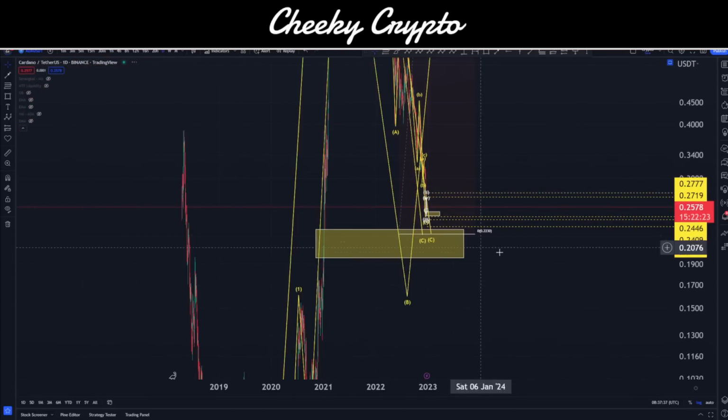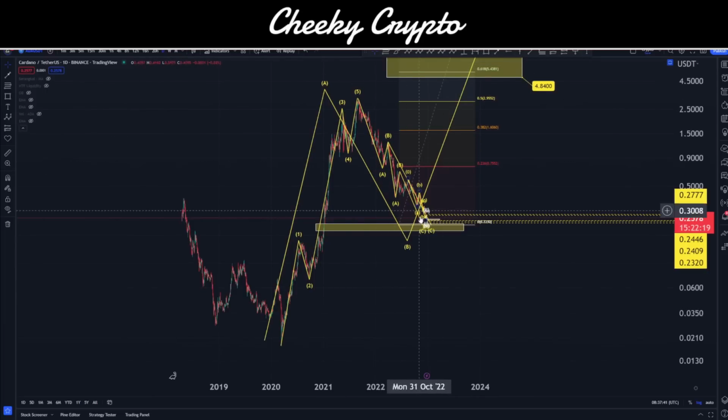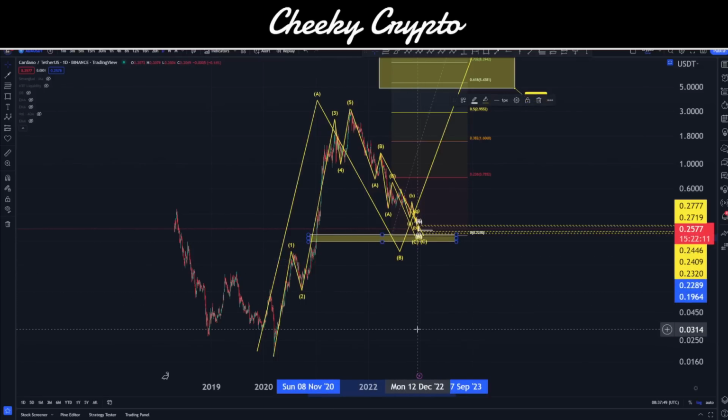If I come up into a daily chart here, bring this down, you can see this entire corrective structure and everything mapping out right down into these sweet spots. And again, this is an area down here, between 19.64 and 22.89, which we marked up quite a while back as an area of interest, where the price might come down to fill a void that had been missed on the way up.